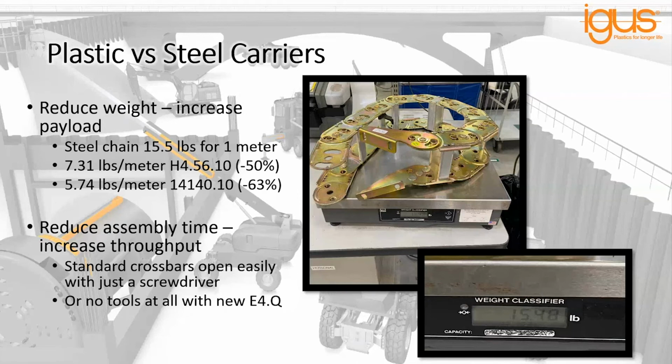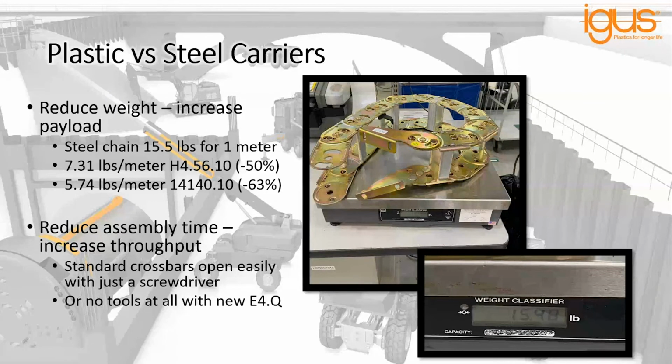So it makes it very easy to open the chain up, lay the cables in, and close and open the chain up for maintenance if a cable or hose needs to be changed down the road in service. That's a feature on all igus energy chains, to be able to open them with no special tools, only a flathead screwdriver. But just recently, we've taken that even a step further with our new product line known as E4Q.